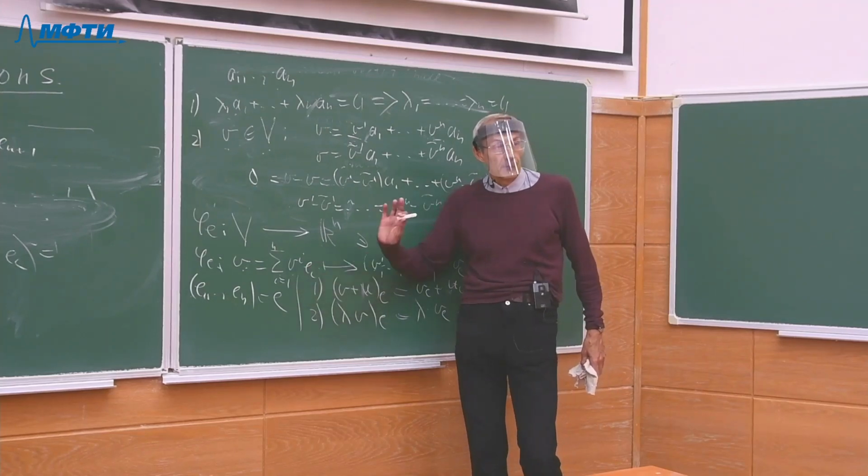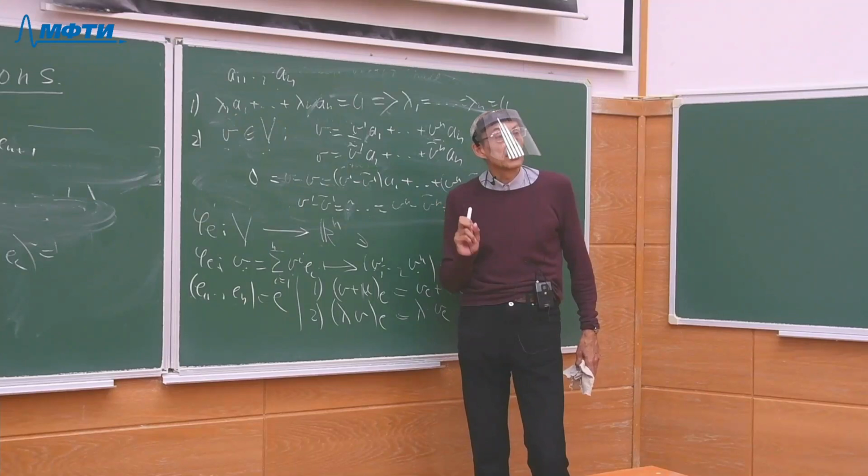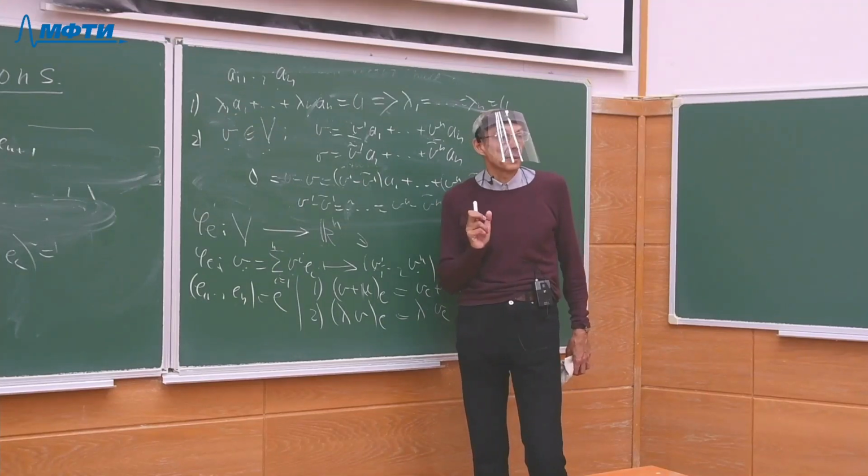This is the first main idea in vector space theory.